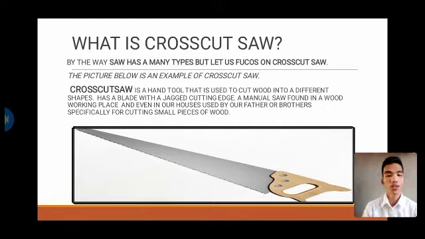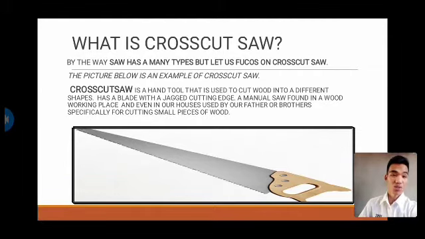I chose the crosscut saw for us to clearly understand what a crosscut saw is, how to use it, and how to maintain and care for it if we have one. On the screen, I have inserted an image of a crosscut saw so that it is easy to understand for someone who didn't know what a crosscut saw is.